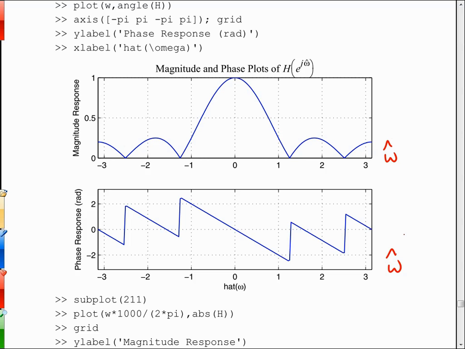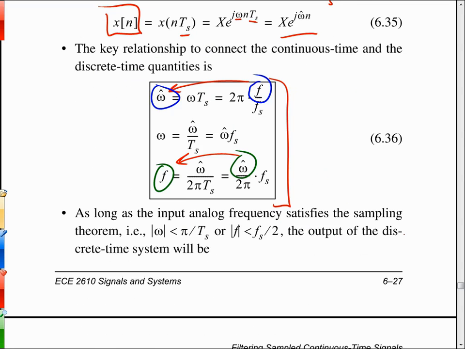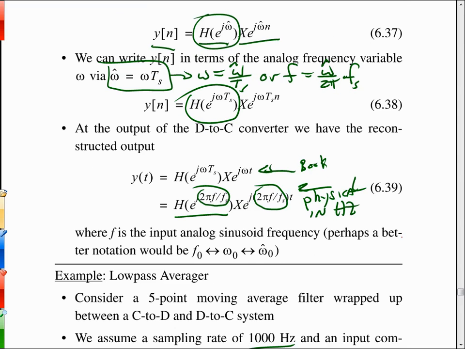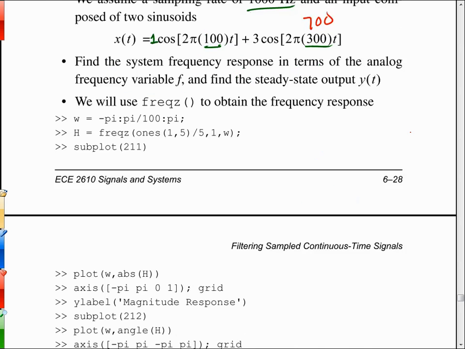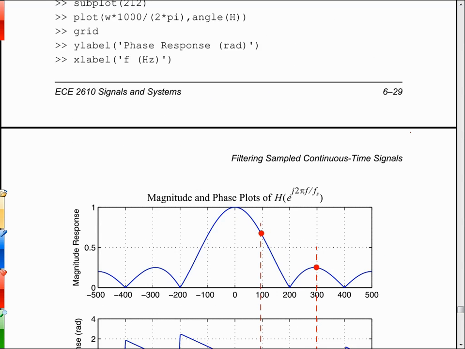But then because of an equation that I presented right up in here, that tells me that I can take that digital frequency response that I had in terms of the omega hat axes, and if I just remap omega hat to be 2 pi times f over fs, I could just replot that frequency response and then have it in terms of the underlying analog frequency axis. In other words, how the system behaves with regards to the analog signal that's passing through.